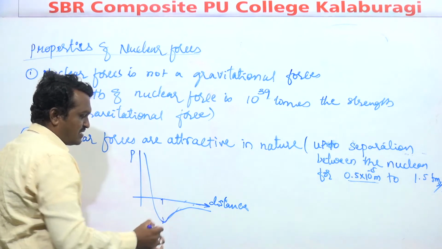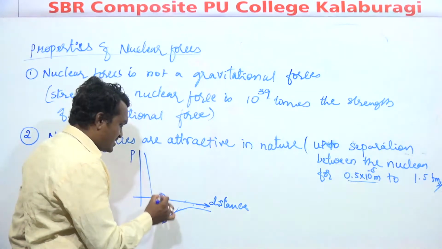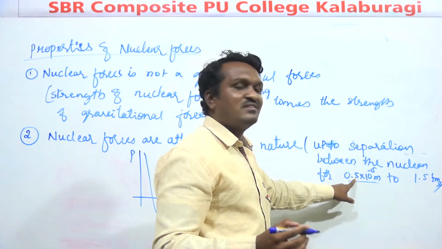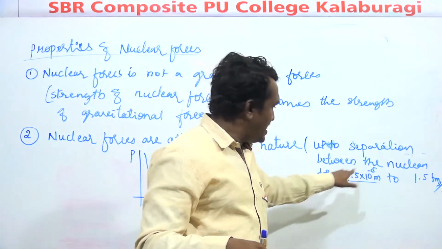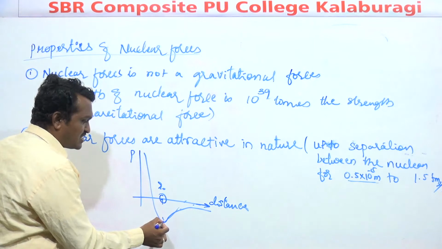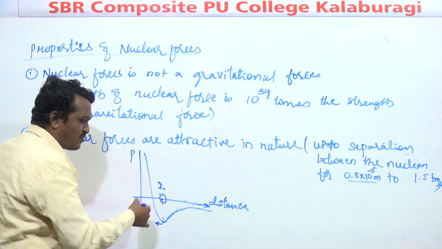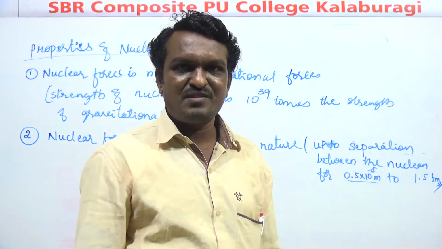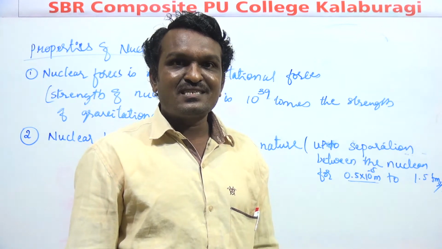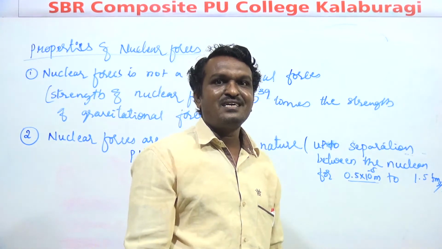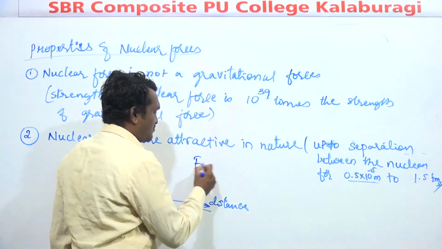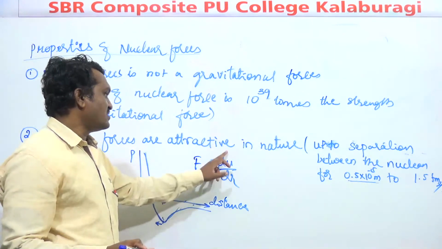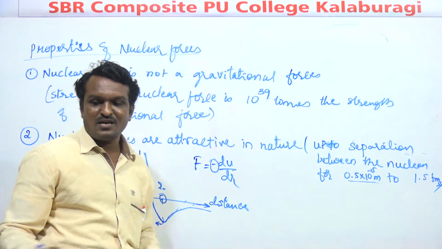To a certain distance, say R0, the limit of separation for generating the force of repulsion, here 0.5 Fermi. If the separation between the nucleons decreases to less than 0.5 Fermi, the potential energy among the nucleons, either proton or neutron, increases. As the potential energy increases, the force decreases, because we have the relation F equals minus dU by dr, where the negative sign indicates direction. As the dU by dr value increases, the force decreases.